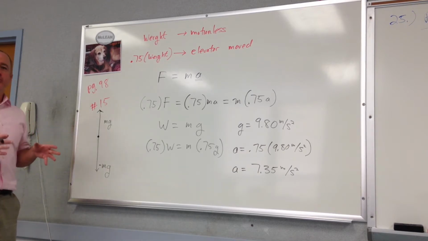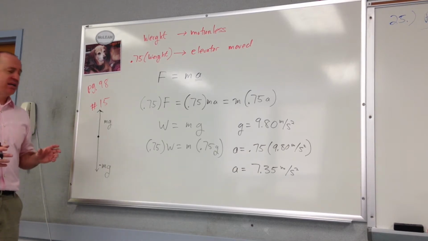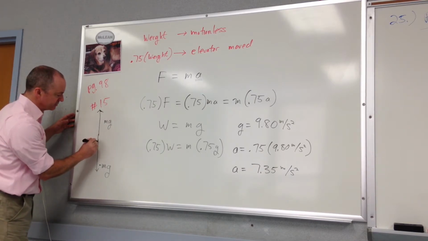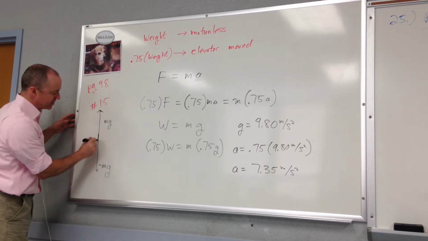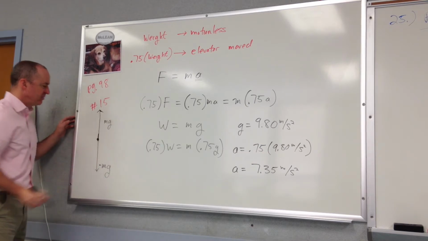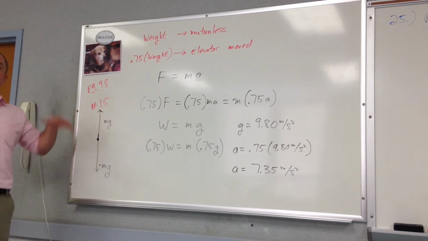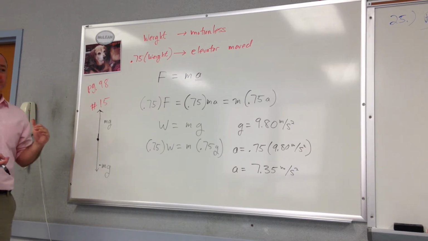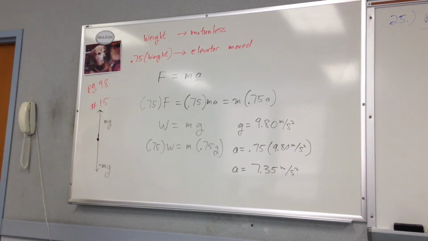If you are either motionless or moving at a constant speed, these forces are equal in magnitude, opposite in direction. If you're motionless, or even if the elevator is moving at a constant speed, you need acceleration to feel any difference in this. Okay, but he didn't feel that.